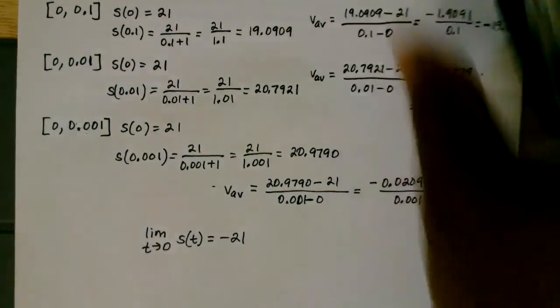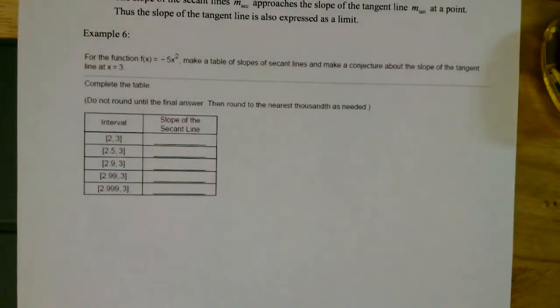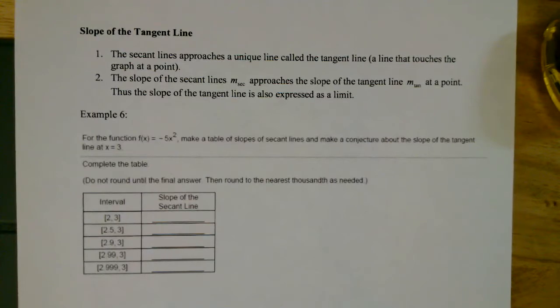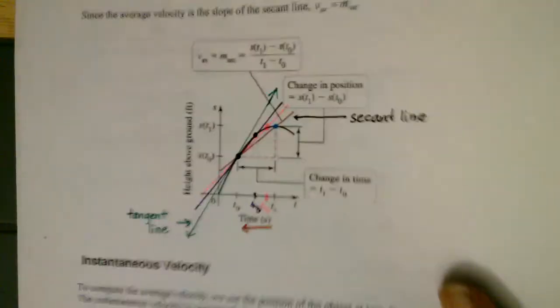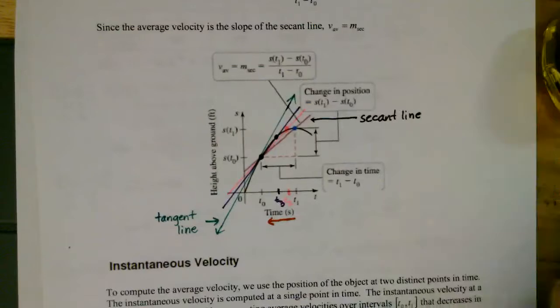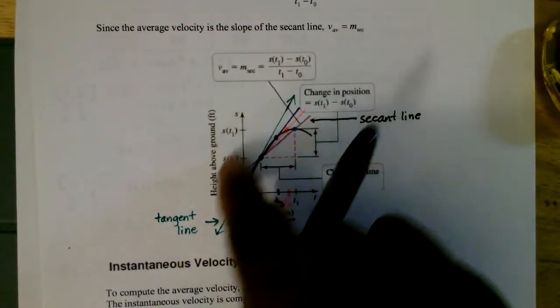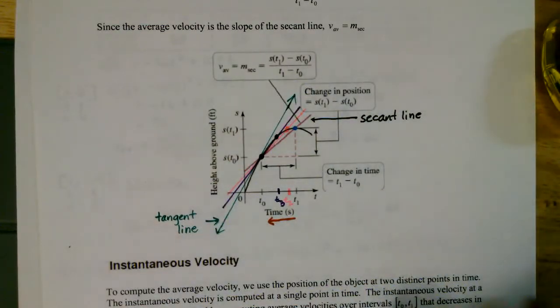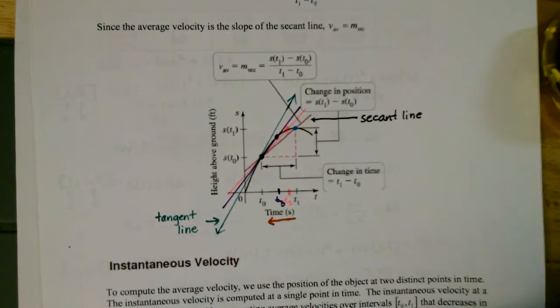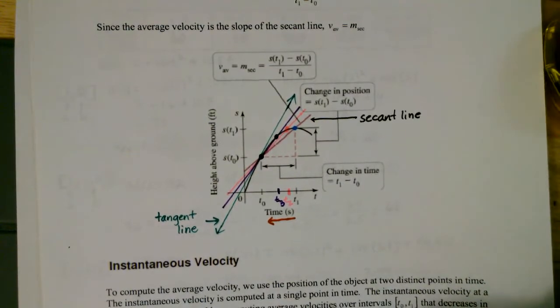Okay, last thing in this video is going to be the slope of the tangent line. All right, the secant lines approach a unique line called the tangent line, as I illustrated earlier, a line that touches the graph at a point. I did show you the green line here. That green line is what we call the tangent line.